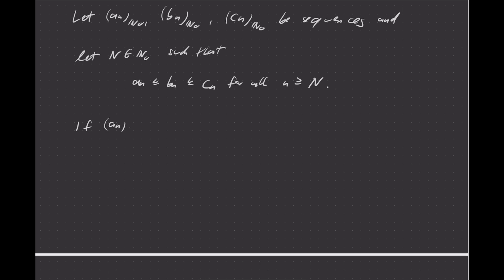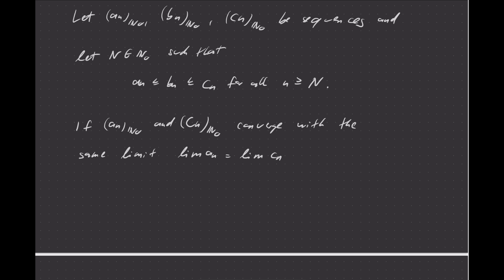If (an), n≥0, and (cn), n≥0 converge with the same limit, so the limit of an is equal to the limit of cn, then bn is also convergent with the same limit.